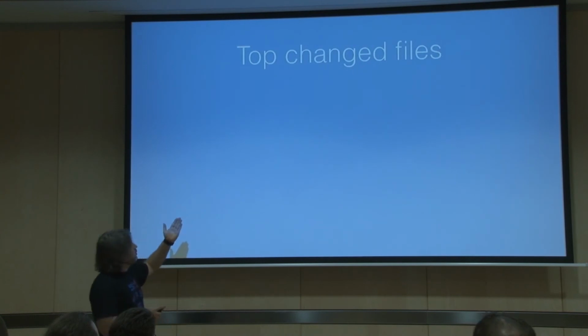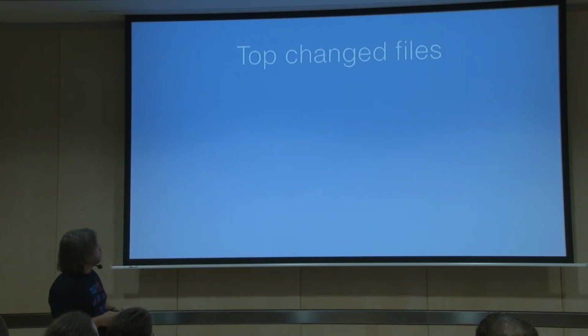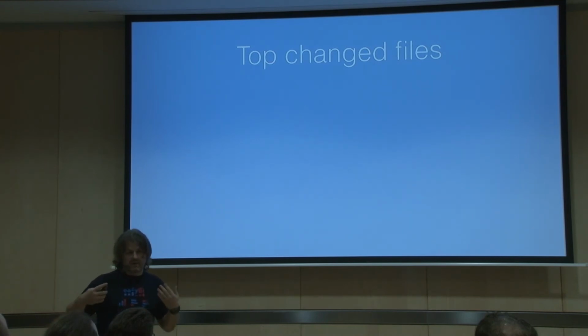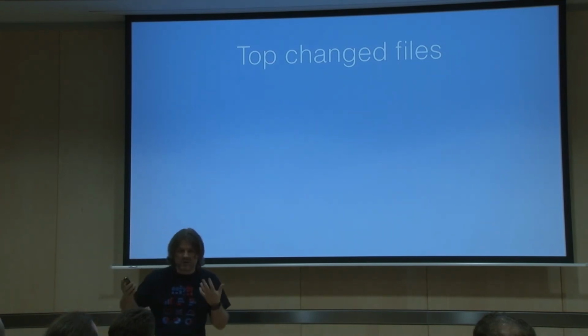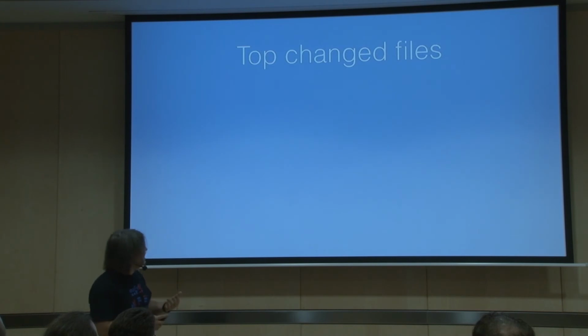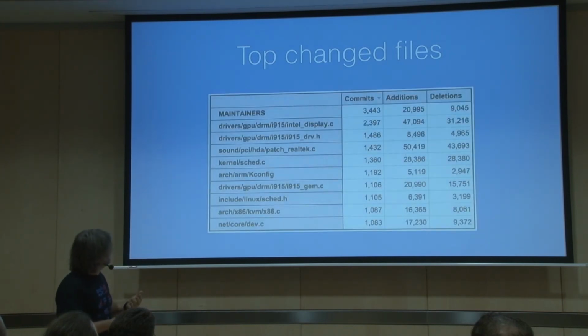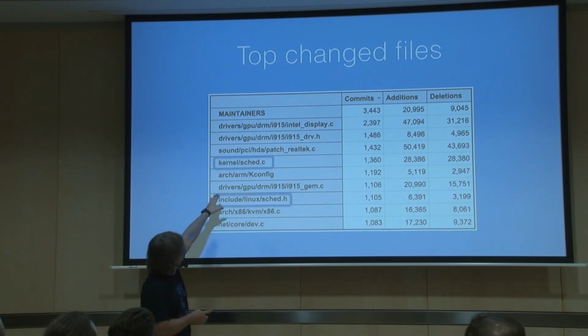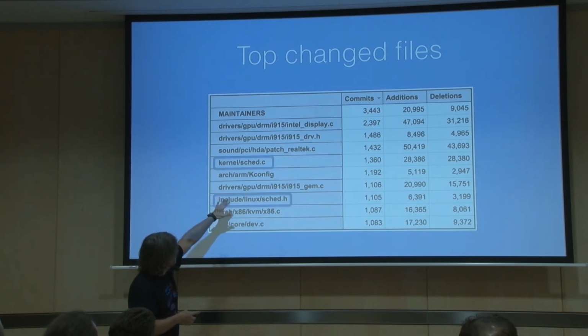Yeah, so if you look at the top changed files in Linux, you probably would think there should be something about the kernel, process scheduling, memory management, but actually it's not so. Something related to process scheduling is not among the top files.